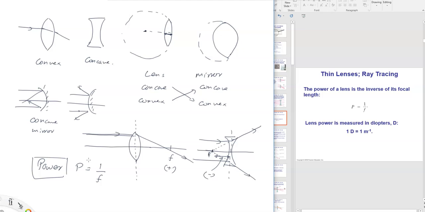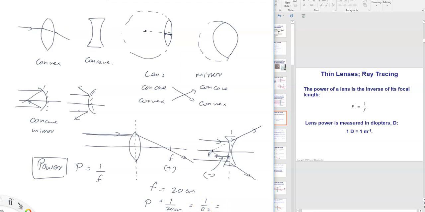So for example, if your f is, let's say, I don't know, this is a random example, 20 centimeters, what's the power of this lens? So power will be 1 over 20 cm, or 1 over 0.2.